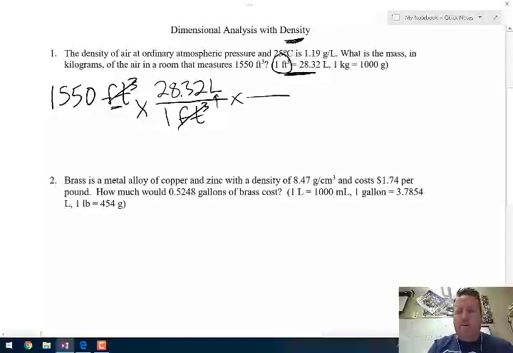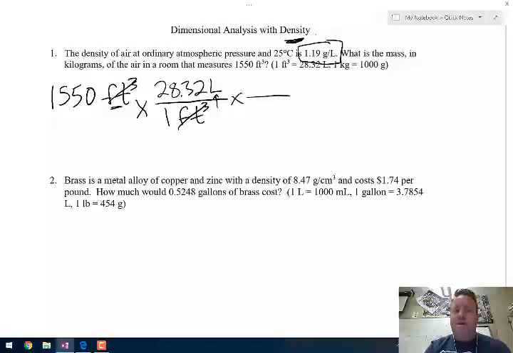The only other conversion that's given to us is right here, and obviously there's no liters there. When that happens, you've got to go back up to the problem and find another conversion that is just part of the problem that will have liters in it. That's where the density comes in: the density of air is 1.19 grams per liter.